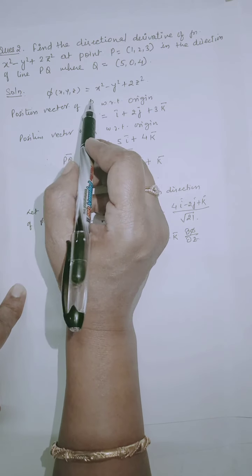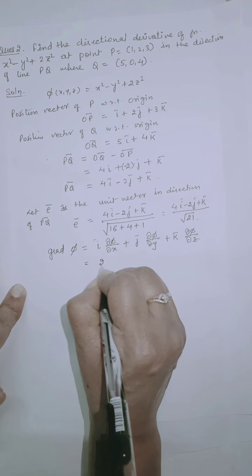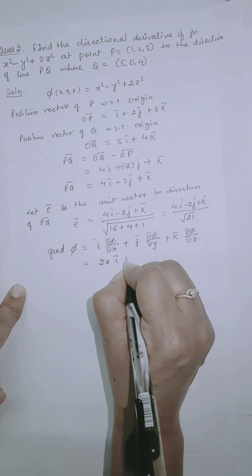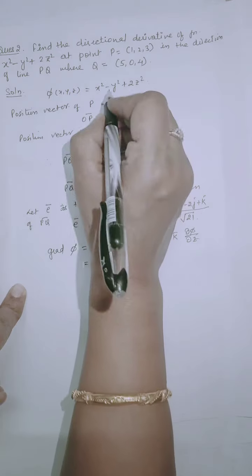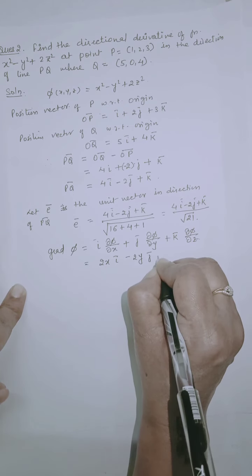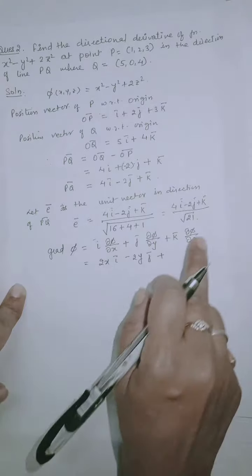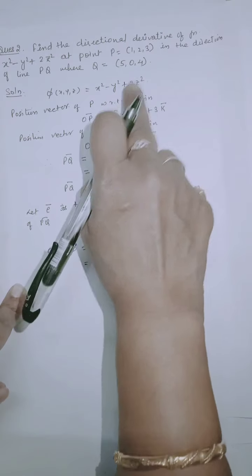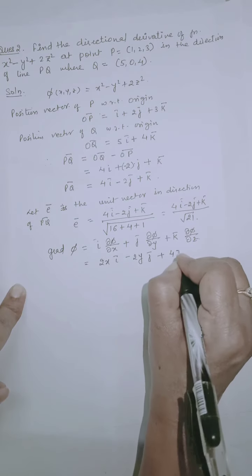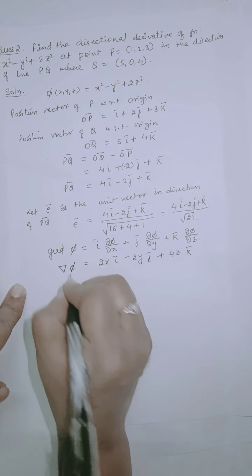So the value of del phi by del x is 2x, so you get here 2x i, minus 2y j, and 4z. The partial derivative of phi with respect to z, del phi by del z, is 4z k. So you got the value of grad phi.